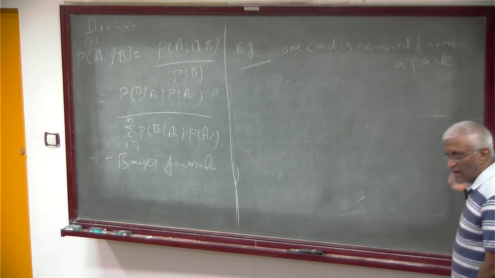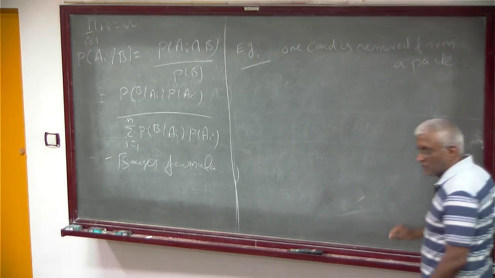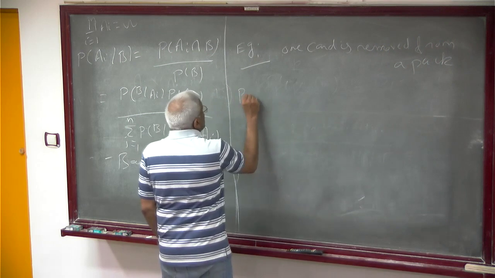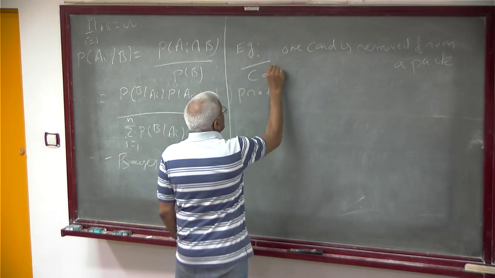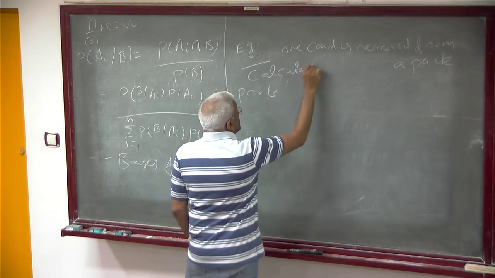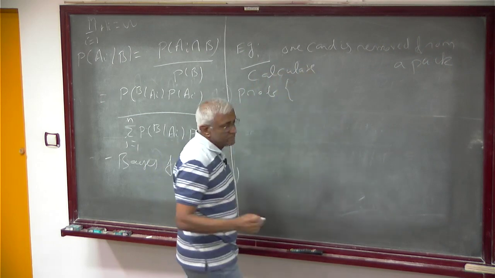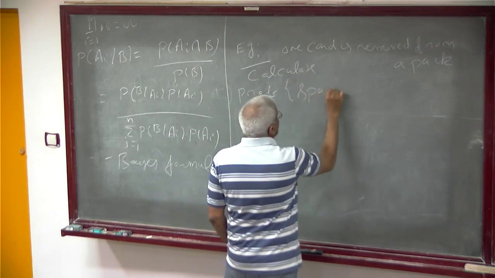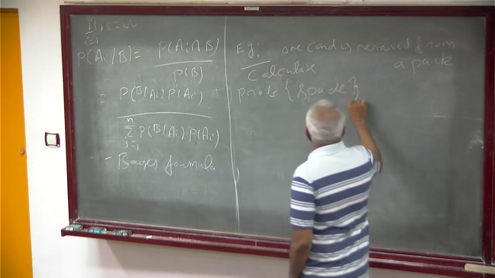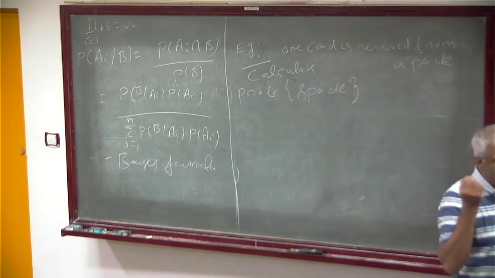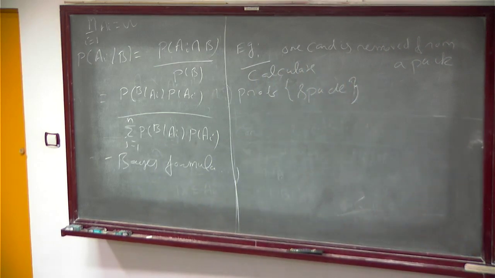Then you select one card from the remaining 51 cards, and you want to calculate the probability of getting a spade. Originally, with 52 cards, the probability of getting a spade is 1/4. Now you have removed one card, and you don't know which card that is.